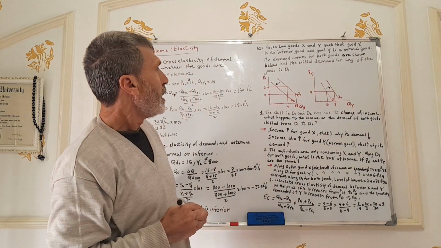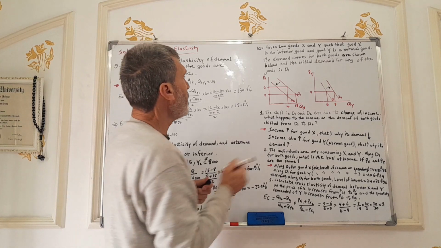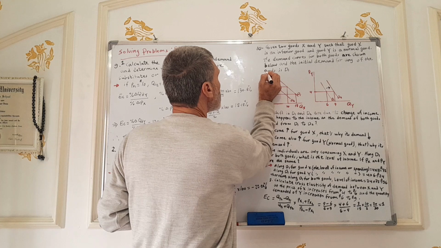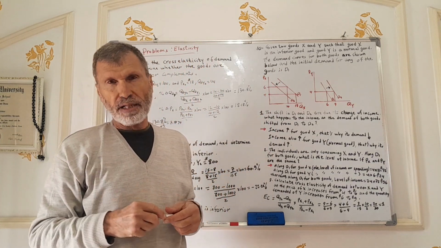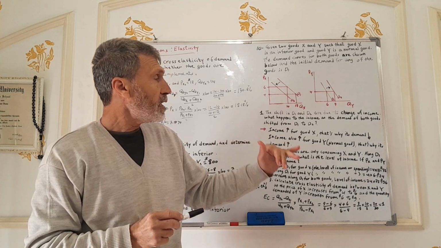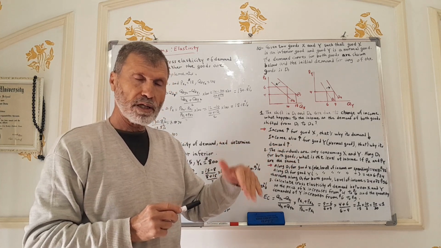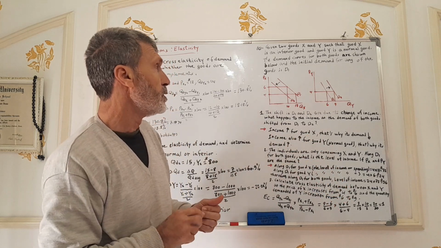The initial demand for either good is D1. So D1 is the initial demand for good X and good Y. Good X is an inferior good and good Y is a normal good.